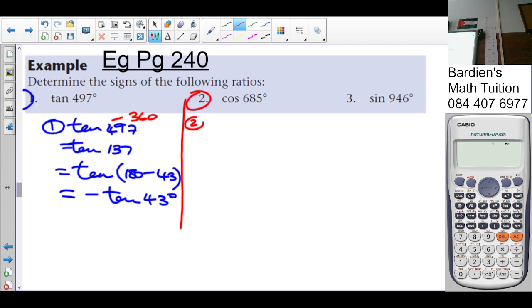Number 2, cos of 685. So what's the first thing we do? Minus 360. So what do we get? 325. So it's cos 325. Now we ask ourselves, in which quadrant is that?